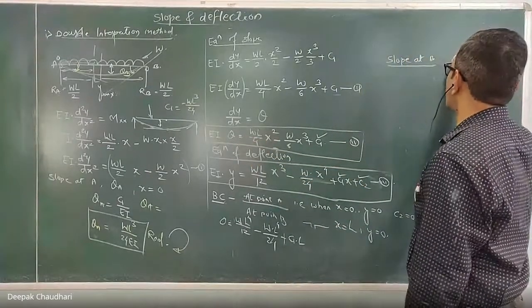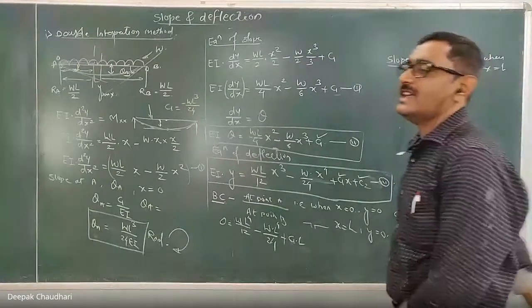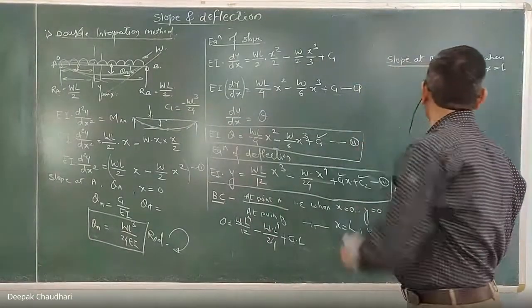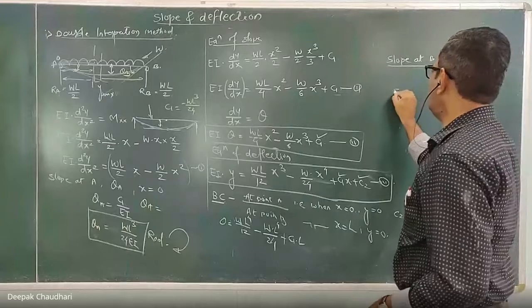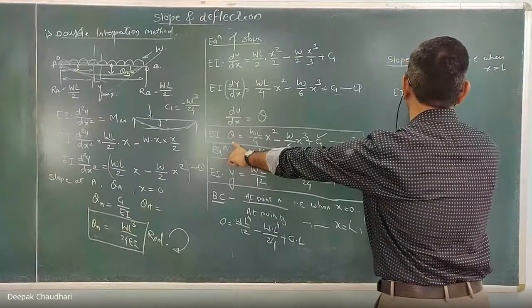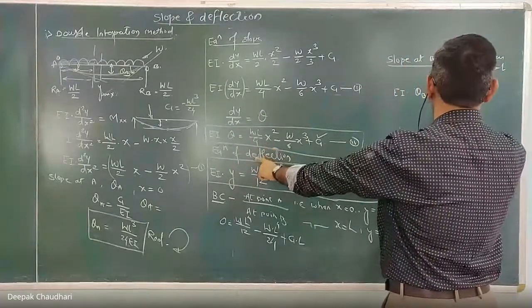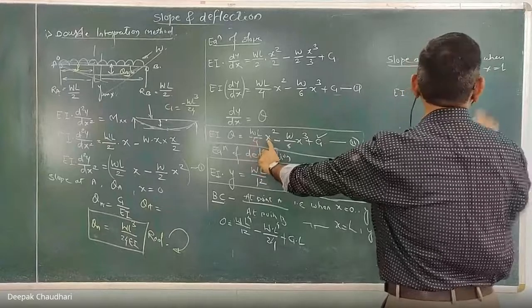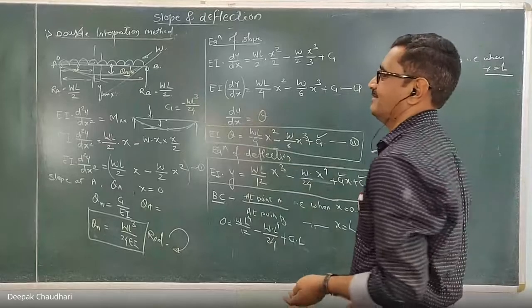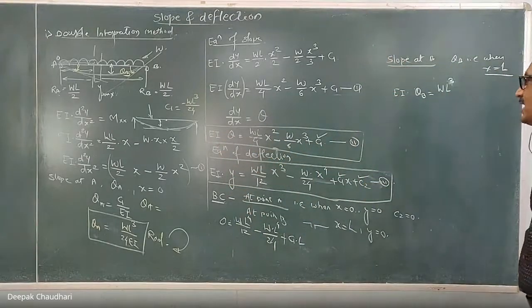Theta B we have to calculate, that is when x equal to L. Now, if I substitute x equal to L in this equation, EI theta B equals W into L raised to power 3. We have to substitute x equal to L because we have to calculate the slope at point B, where x equal to L, and this is the general equation of the slope. Just substitute x equal to L, and you will get theta B.